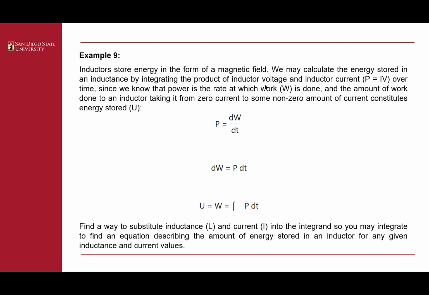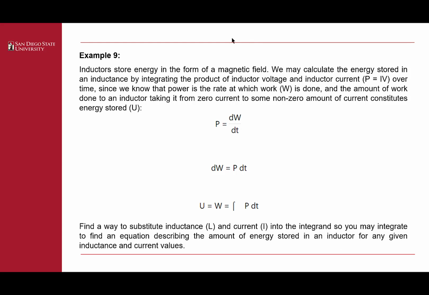So you see the pattern here. Now what we should do is taking an integral to find W, and U equals the integral of P dt if we take the integral of the previous statement.